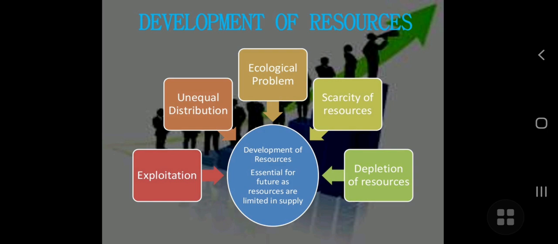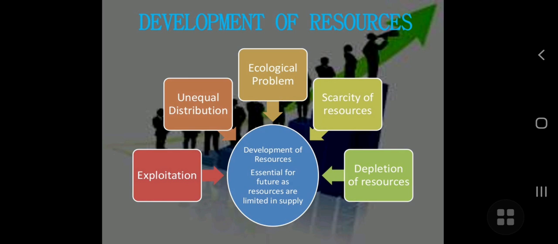Now, let us understand due to the use of resources or the development of resources, what all possible impacts can be there. Resources are vital for human survival, development, and for maintaining the quality of life. Though resources are gifts of nature, overutilization of resources has led to many problems.